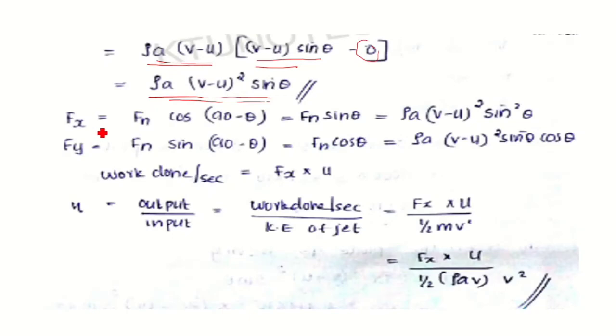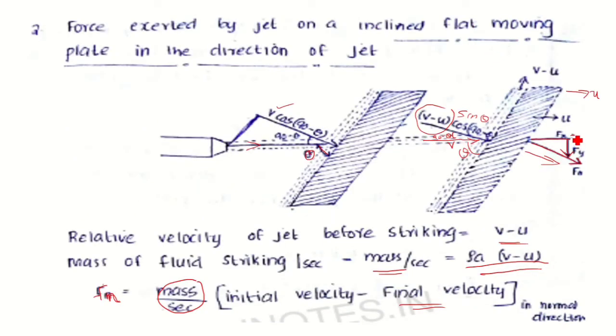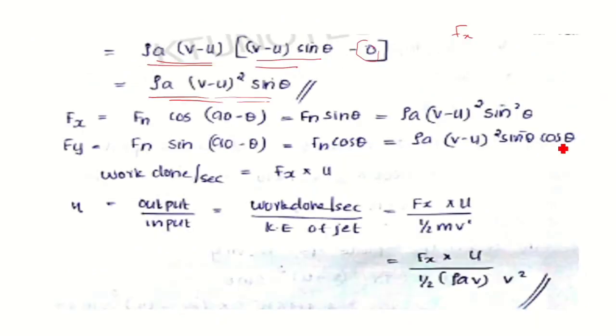So F of x is equal to F of n cos theta. F of x is the x component; we are finding the x component of the force.